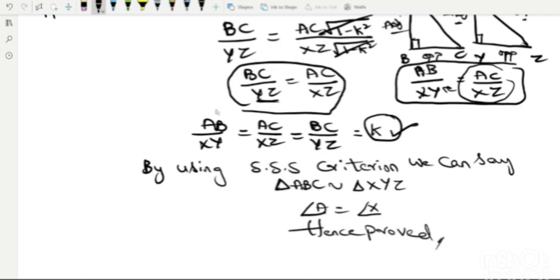As mentioned, as the sides are proportional, then the angles in the triangles will be equal to each other. From that we can write angle A is equal to angle X. So this is the problem. I hope you are clear on this.